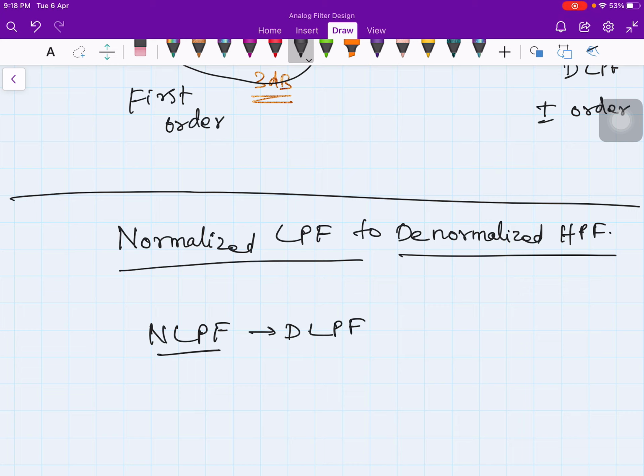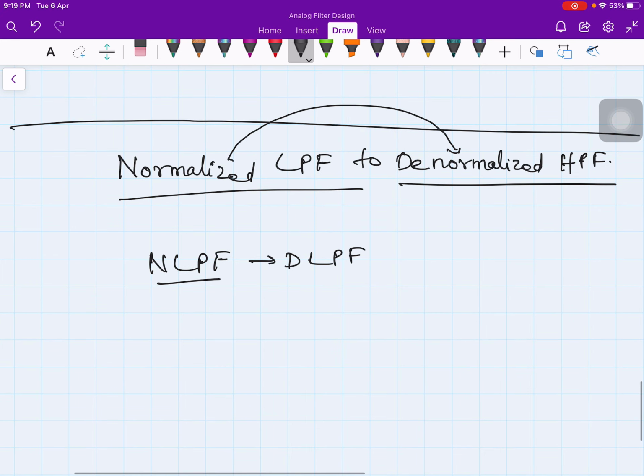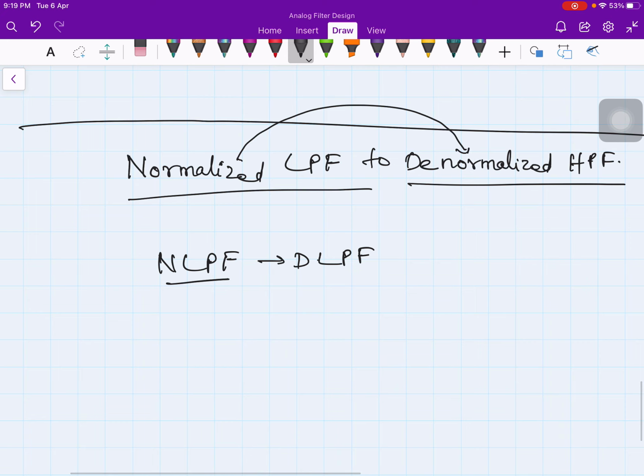For example, when you go from a normalized low pass filter to a denormalized high pass filter, you need to work a little harder. In this case you take capital S in the normalized low pass filter, and this capital S has to be replaced by omega p divided by small s.